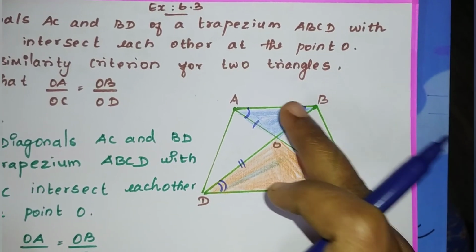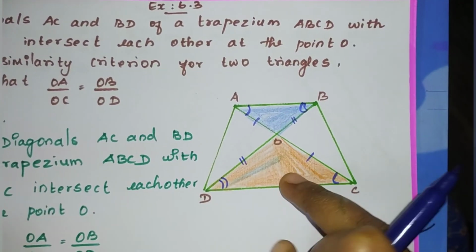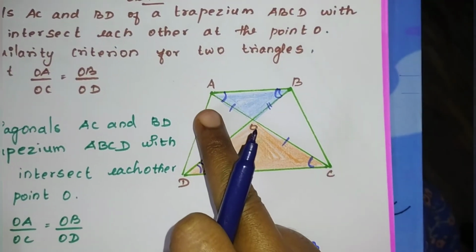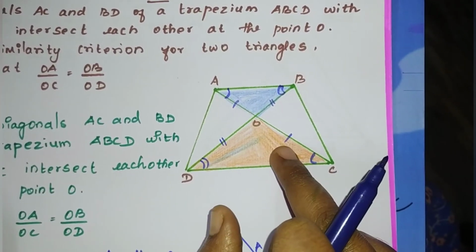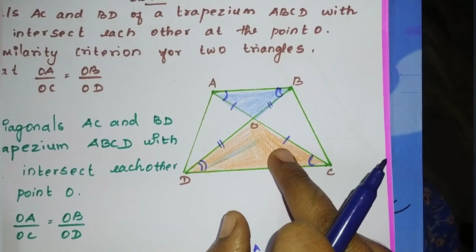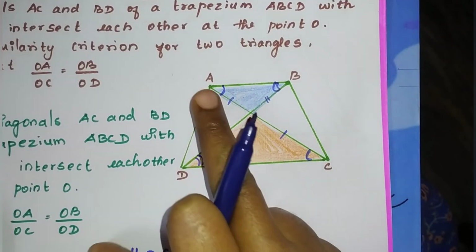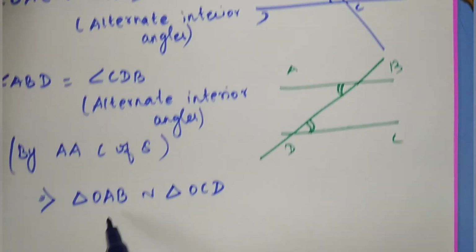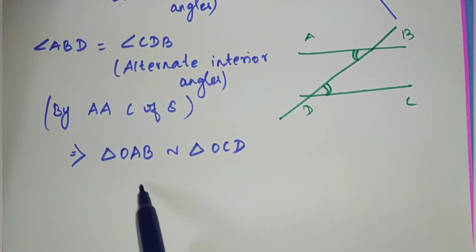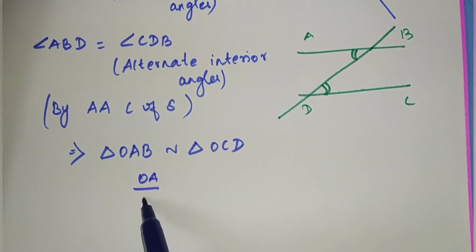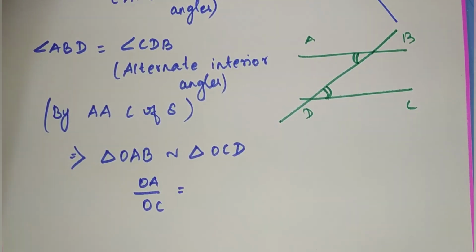Since these two triangles are similar, I can tell that the corresponding sides are in proportion. What is the corresponding side? OA, OC. OA divided by OC. Clear?